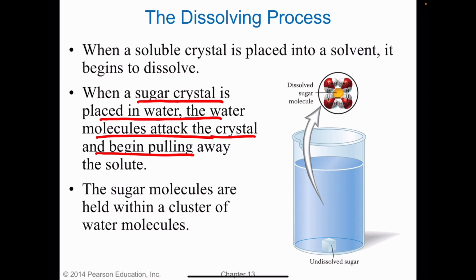Then the water molecules themselves have to separate a little bit to make room for the solute particles. Here we've got the sugar molecule in between four waters. Before the sugar was in solution, the waters were all clustered together. They have to separate a tiny bit. And the third thing is, of course, new interactions are formed between the sugar molecules or the solute particles, whatever they are, and the water molecules themselves. So it's kind of like a three-step process.